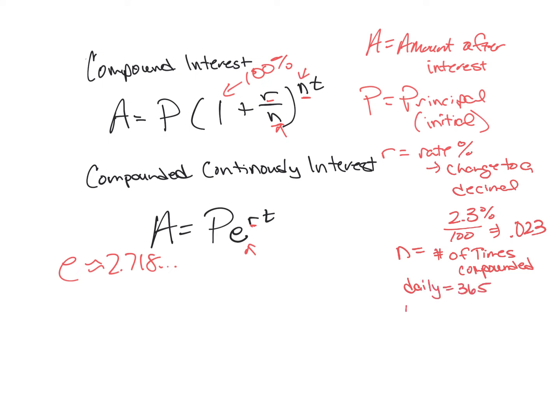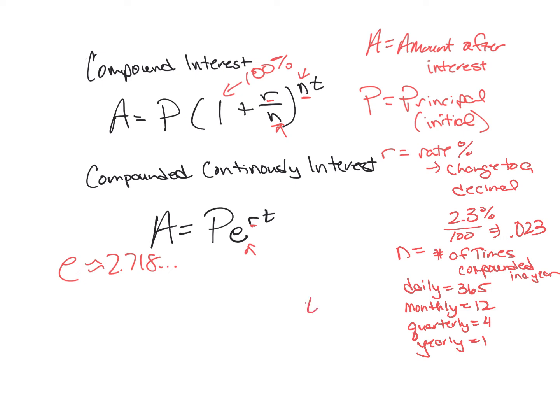If it's compounded monthly, that number is 12, because 12 months in a year, right? Quarterly, there's 4 quarters in a year. Or it could say yearly, and again, then that would just be 1, okay?